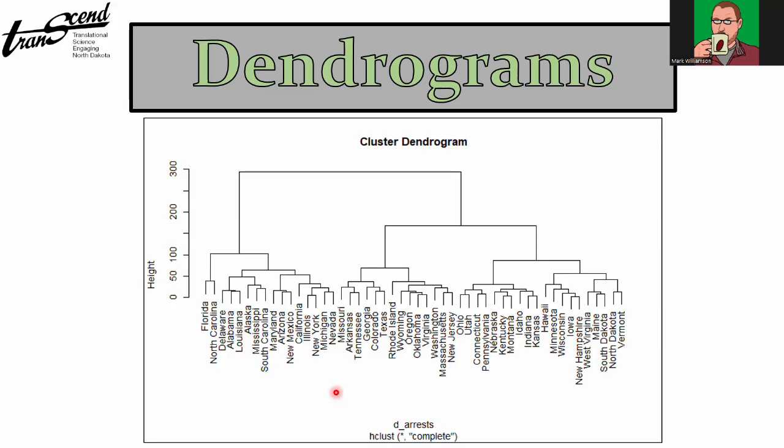We can see here, these are arrest data based on different categories, things like murder, I think population size, assault, etc. And we can see how closely arrest statistics are related among states, and some of these things sort of make sense.